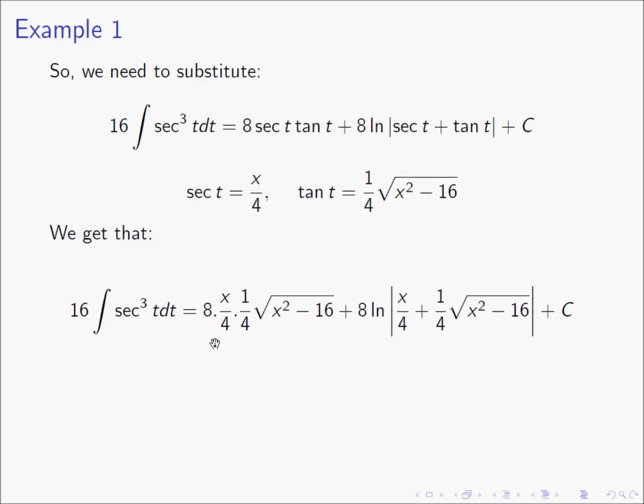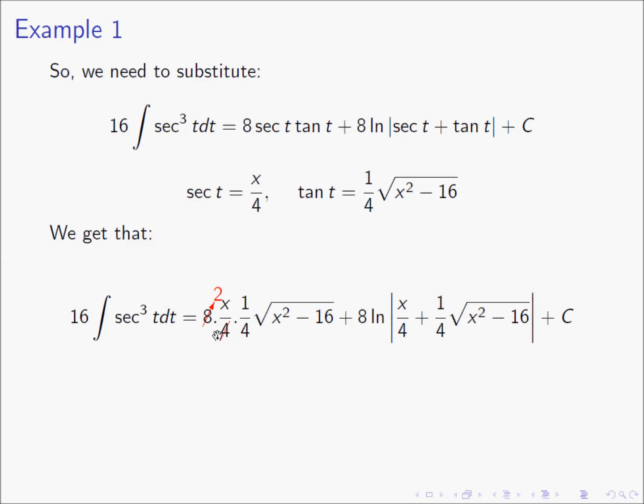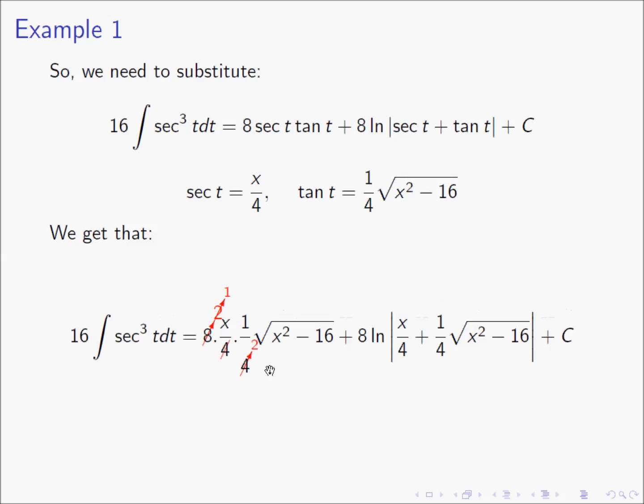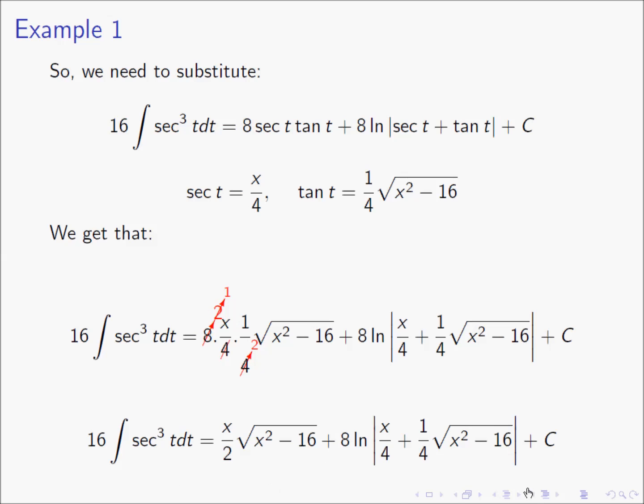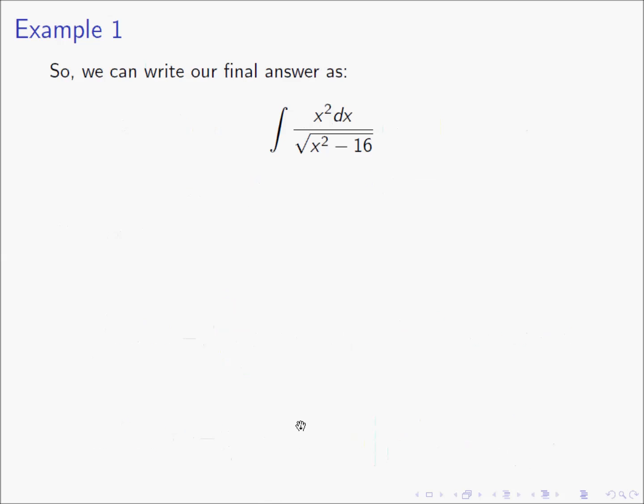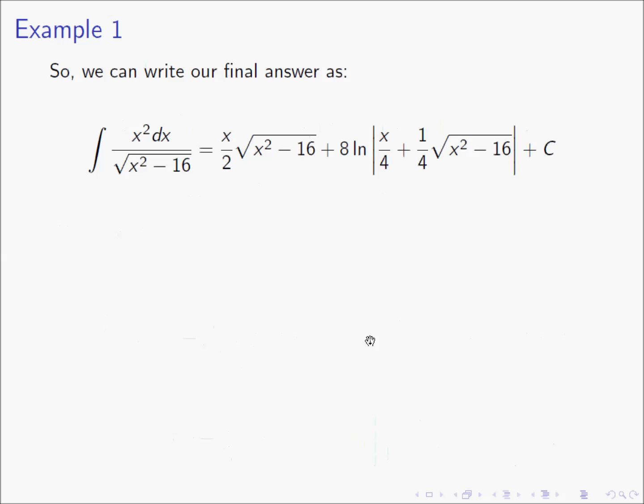In this first term we can simplify some things. Here we had the 8 divided by 4, that is 2, and now 2 divided by 4 is 1/2. So the expression that remains is this one. So finally, our final answer will be this one.